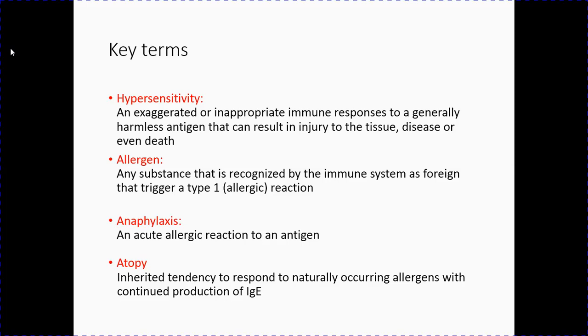You think of things like a bee sting, or eating a peanut, to which the body has become hypersensitive. Atopy is an inherited tendency to respond to a naturally occurring antigen with this really hyperactive overproduction of an immunoglobulin, IgE.